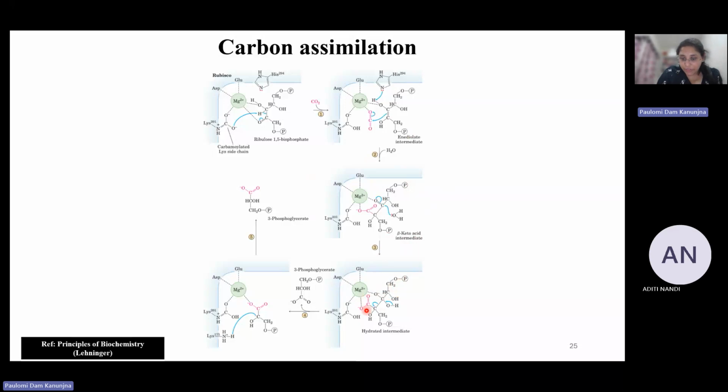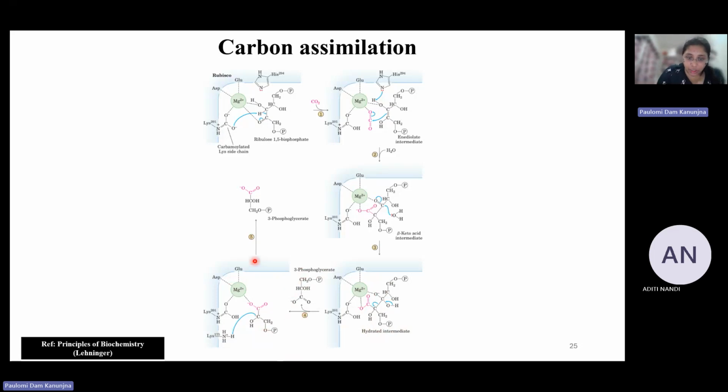Here you have an OH group being added, so it is hydrated now. And following hydration, you have the cleavage by aldol mechanism, which gives you 1 molecule of 3-phosphoglycerate. When this 3-phosphoglycerate is formed, it leaves the complex.